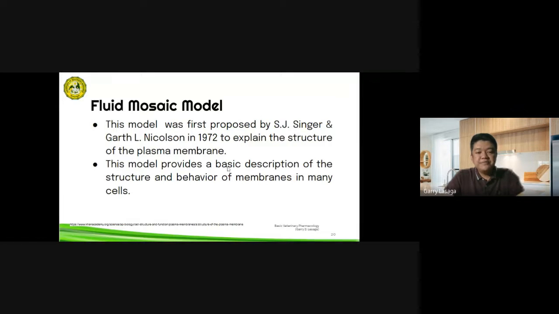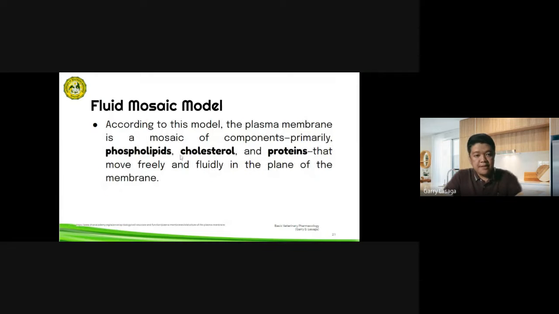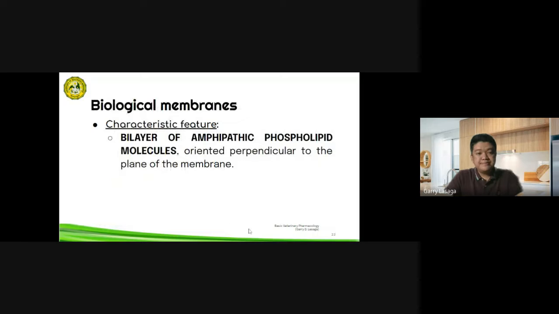This model provides a basic description of the structure and behavior of membranes in many cells. According to this model, the plasma membrane is composed of the following components. Primarily, we have the phospholipids, the cholesterol, and the proteins. They move freely and fluidly in the plane of the membrane.